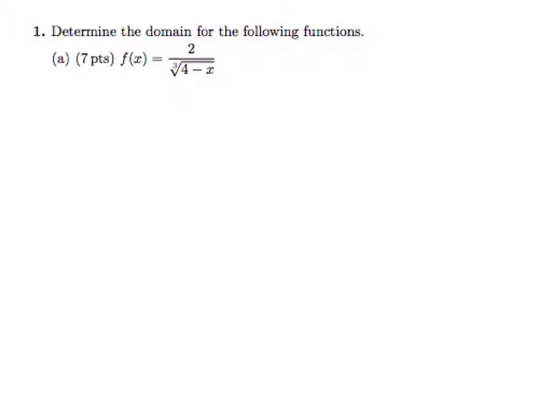So let's set this cube root, cube root of 4 minus x, equal to 0, and we'll cube both sides, so we'll have 4 minus x equals 0, and again x equals 4.